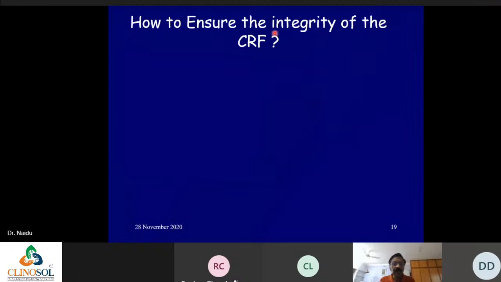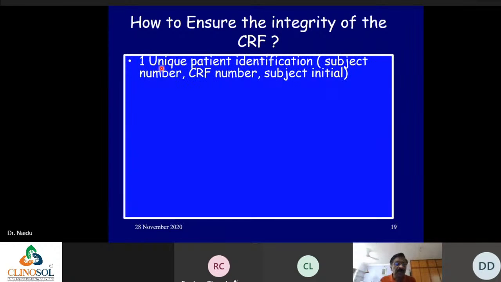To ensure the integrity of the case record form, because there are so many case record forms, some may come to you for evaluation. How do you see that integrity is okay? How to ensure the integrity of a case record form which is submitted to anybody for check? First, it must have a unique participant identification subject number.